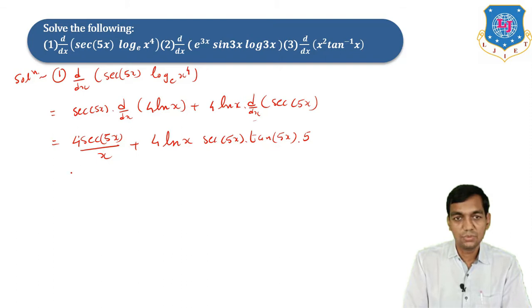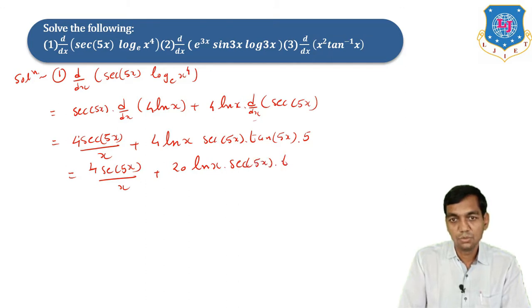So 5 times 4 is 20, so the final answer will be 4 sec 5x divided by x plus 20 ln x into sec 5x into tan 5x.